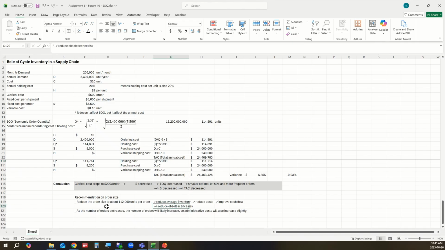So the recommendation is to reduce the order size to about 112,000 units per order. So we can reduce the average inventory, reduce the cost, and improve the cash flow. And then we can also reduce the obsolescence risk. But as the order size decreases, the number of orders will likely increase.